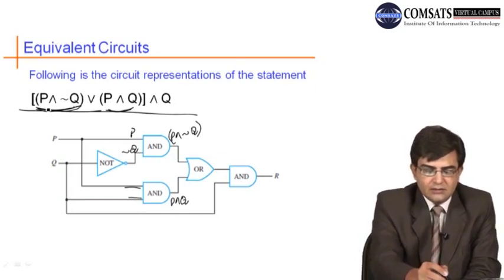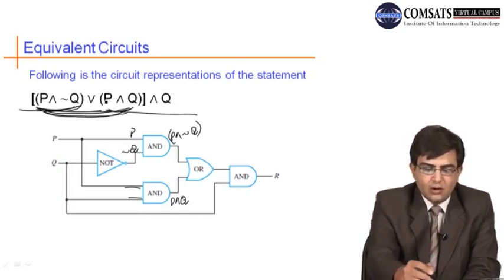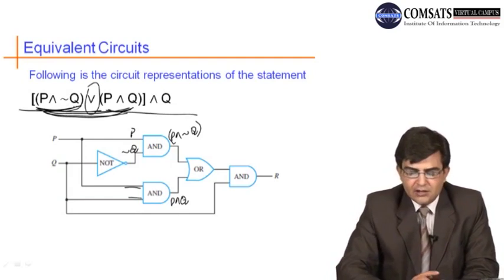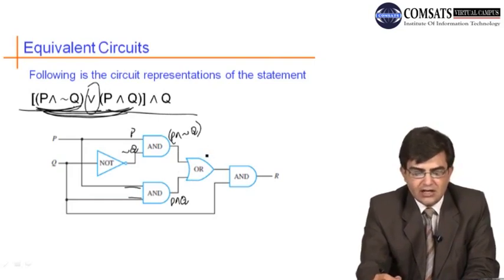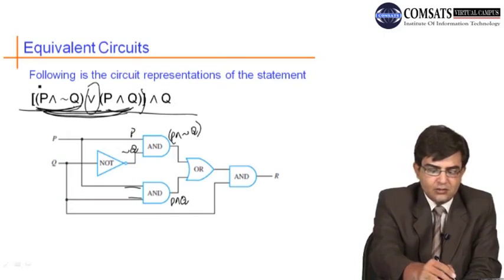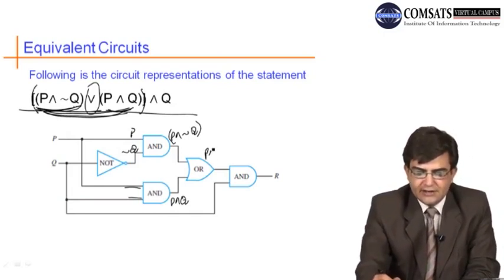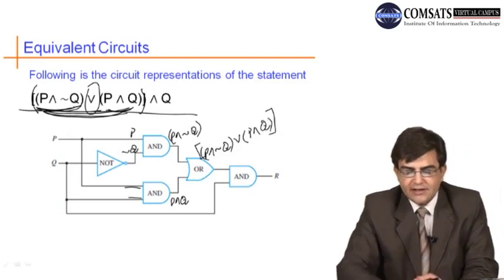Now both of these are connected with an OR gate, so we draw a line which comes out from this and from this AND gate, and we have constructed here an OR gate. Here we arrived, and this represents this whole bracket, which is P and not Q, or P and Q. This is our whole bracket until here.